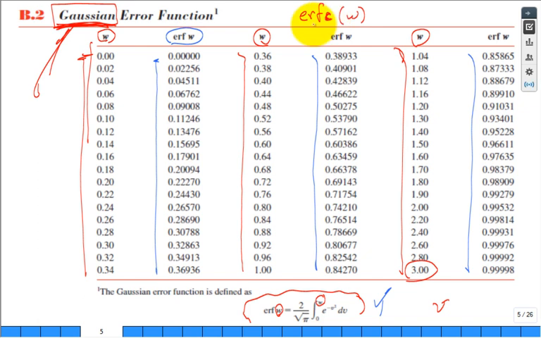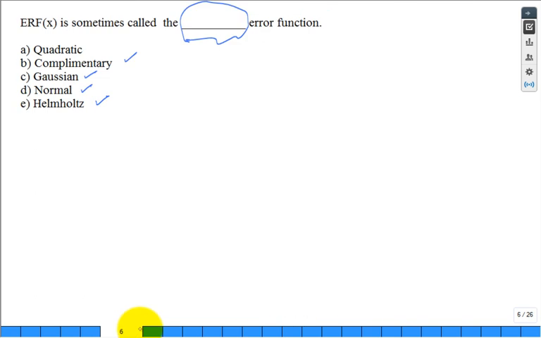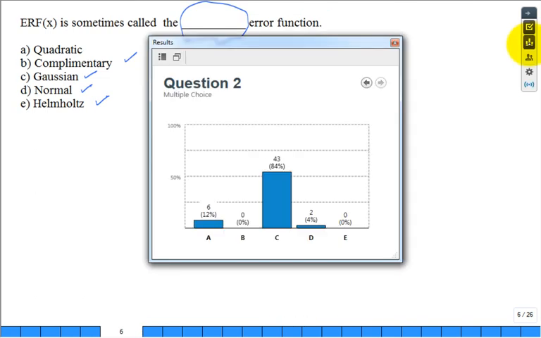Complementary error function. I don't know why that's just the way they put it. Instead of CERF, they put ERFC. And that's equal to 1 minus ERF of W. So instead of going from 0 to 1, it goes from 1 to 0. Okay. So this one we want to grade, and it was the Gaussian.